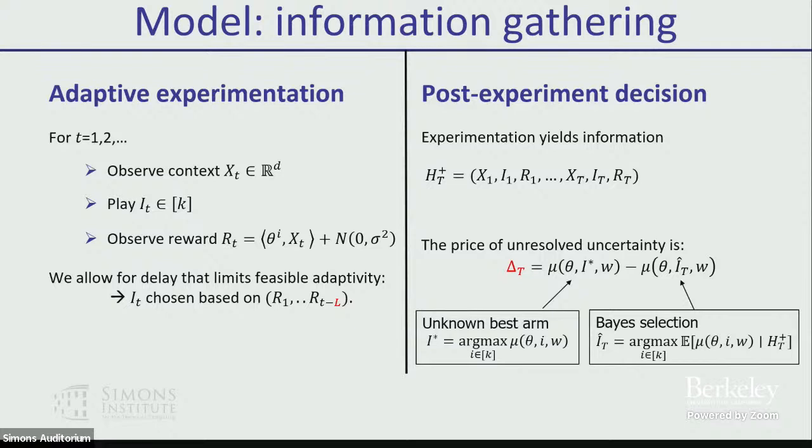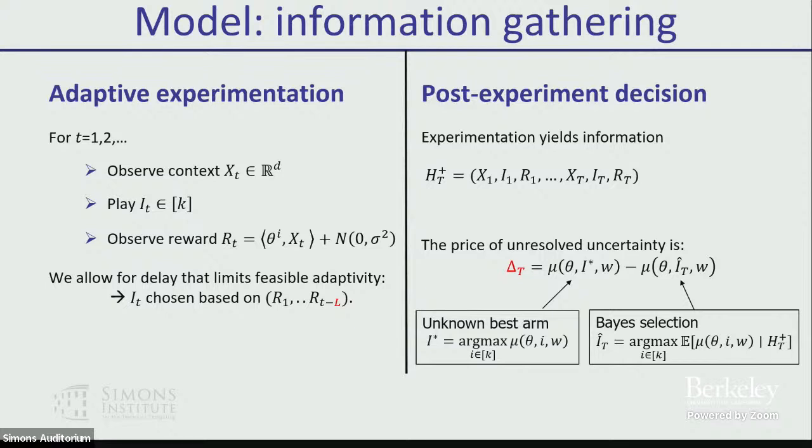Maybe not something you need to focus on in this talk, but the model in the paper actually also allows for delay in seeing that reward, even very long delays.